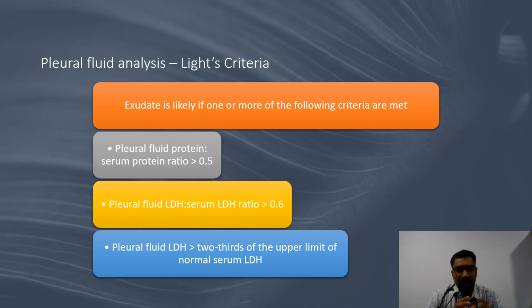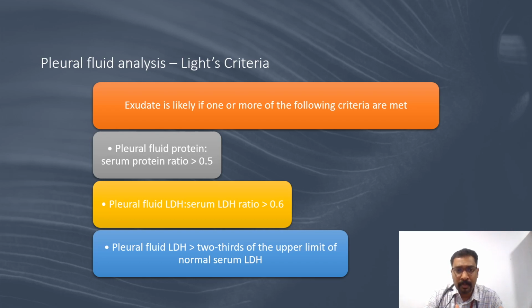So once you've confirmed the diagnosis by an X-ray, you should take the fluid out and send it for analysis. One of the most important requirements is to figure out whether it is an exudative or a transudative kind of effusion. Exudate is likely if one or more of the following criteria are met. So what are the criteria that are taken into consideration?